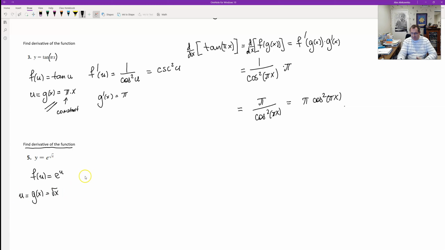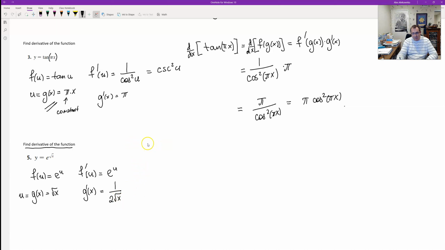Very good. So let's just go ahead and compute the derivatives. The derivative of natural exponent is itself, so that's going to be pretty straightforward. And the derivative of square root x is 1 over 2 square root x.